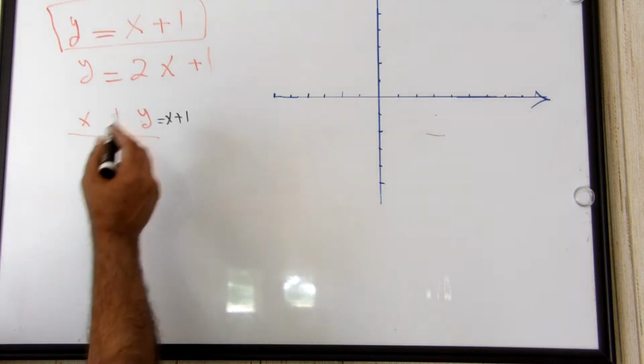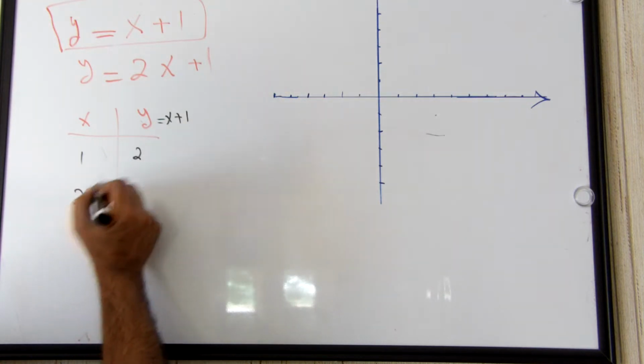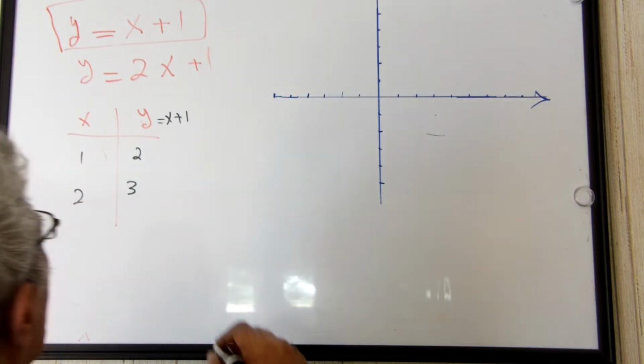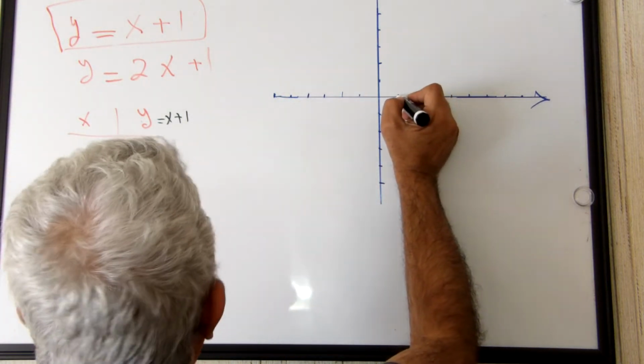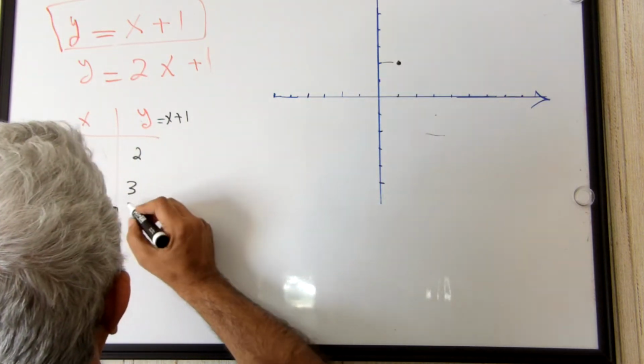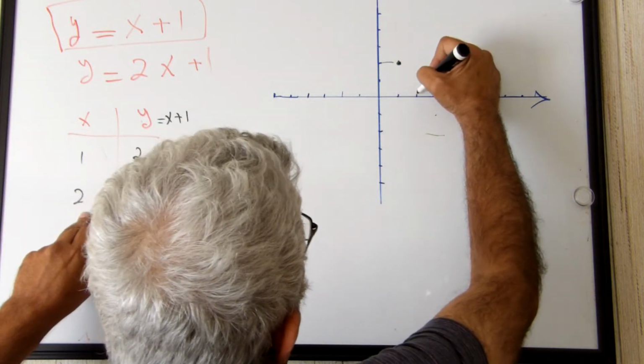If x is 1, y is going to be 2. If x is 2, y is going to be 3.